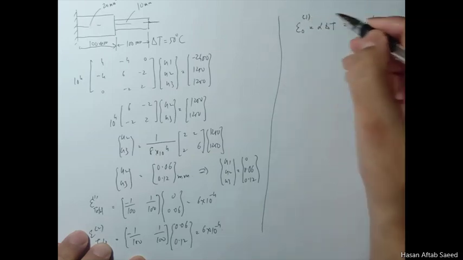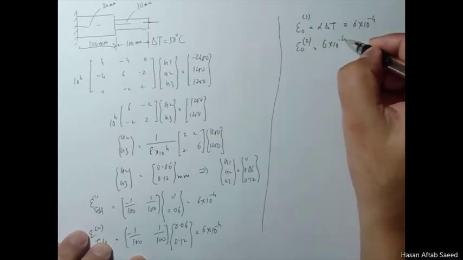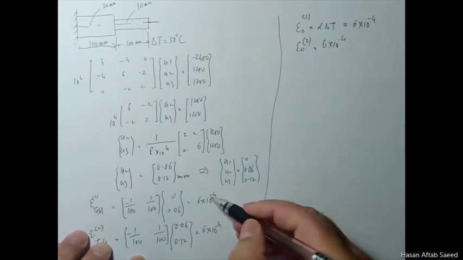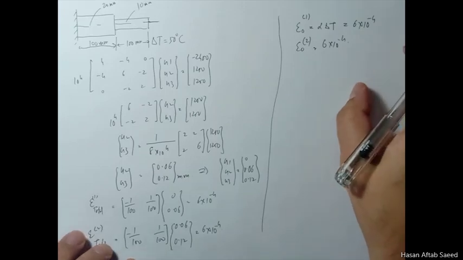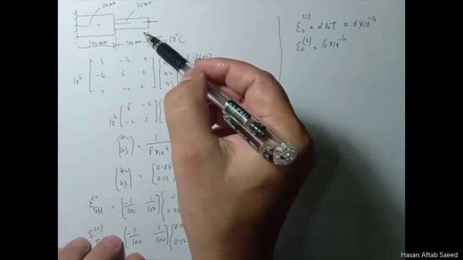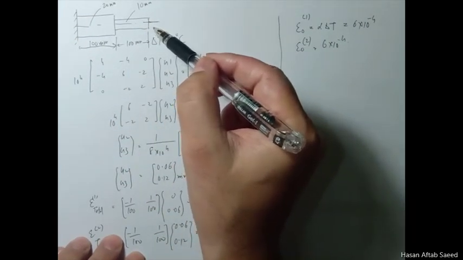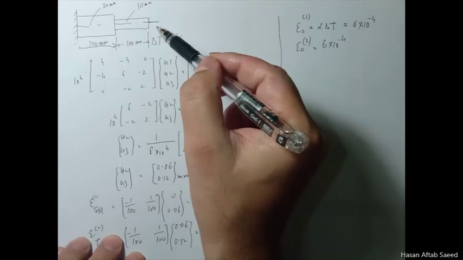And that is for 1, and epsilon naught for 2 also, it was 6 into 10 raised to the minus 4. So it turns out that all the strain in this problem is thermal strain, which is very obvious from here. There are no forces here. So there will be strains, but all of them will be thermal. So there will be no stresses.